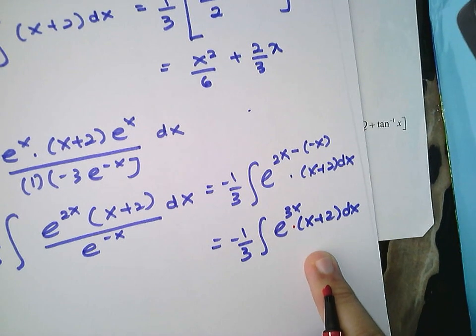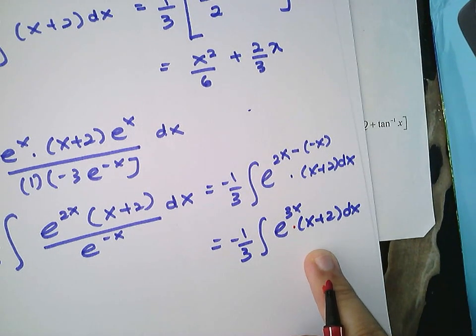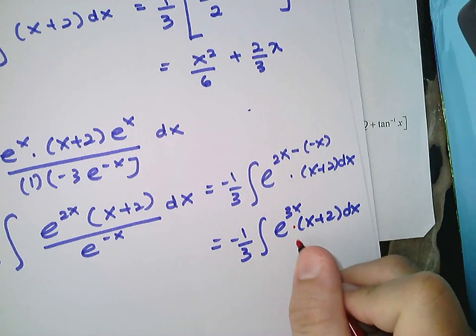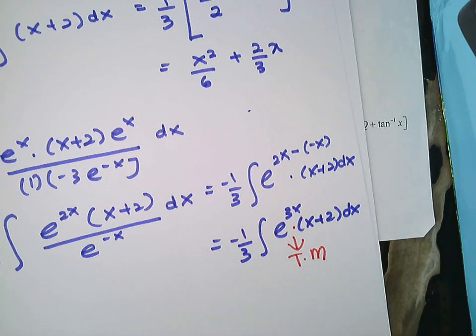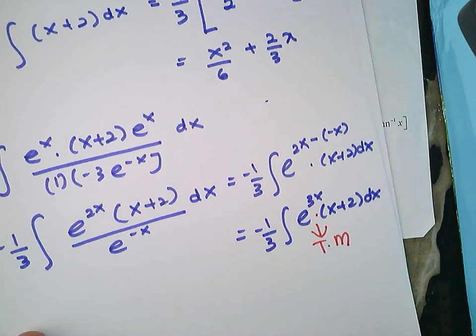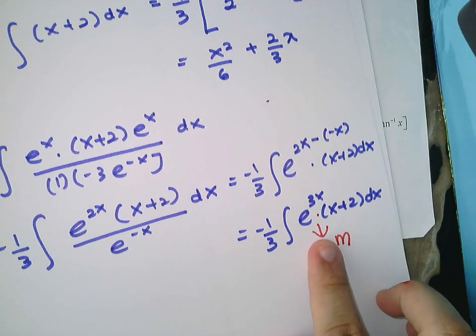If you have a combination of polynomial and exponential, you will use the tabular method. You can also use integration by parts, but the tabular method is much easier than by parts, so just use the tabular method. Okay, so let's proceed with this one.